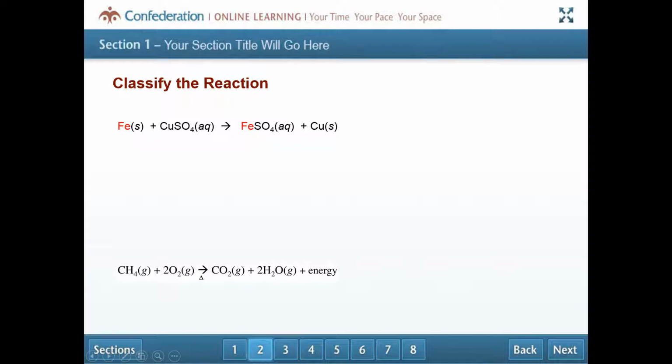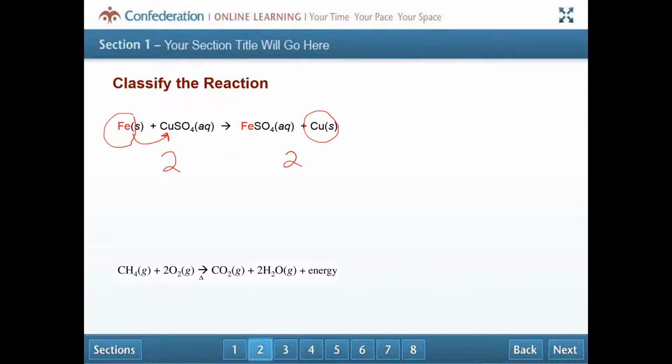The next one here. So we've got 2 reactants, 2 products, so it's definitely not combination or decomposition. Have we got some switching of places here? Yes, we do. So we've got iron, and it's replacing the copper. Is this going to be a single or a double replacement? The way you can tell is that you're starting with a single element here, and then you're ending with a single element.